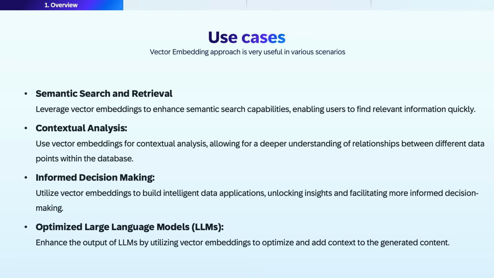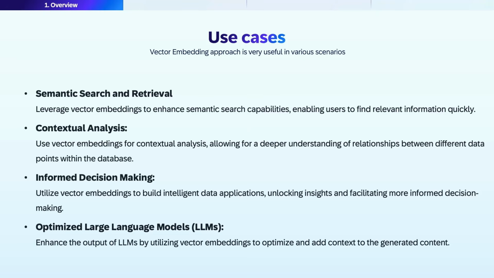The vector embedding approach is very useful in various scenarios. Semantic search and retrieval: leverage vector embeddings to enhance semantic search capabilities, enabling users to find relevant information quickly. Contextual analysis: use vector embeddings for contextual analysis, allowing for a deeper understanding of relationships between different data points within the database.